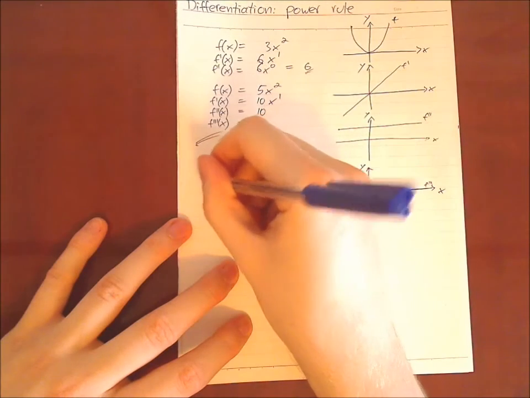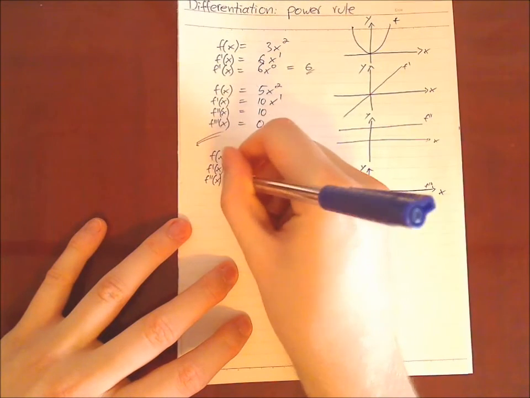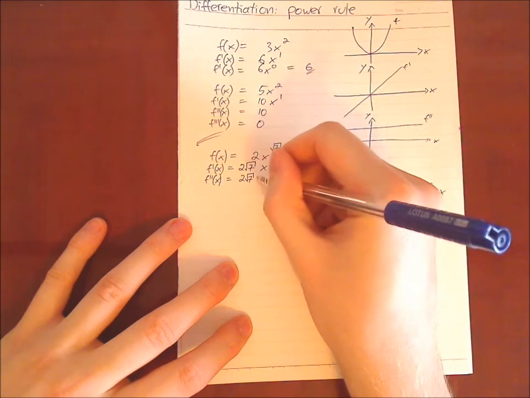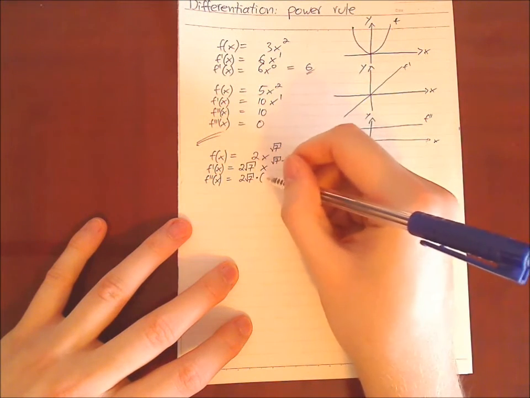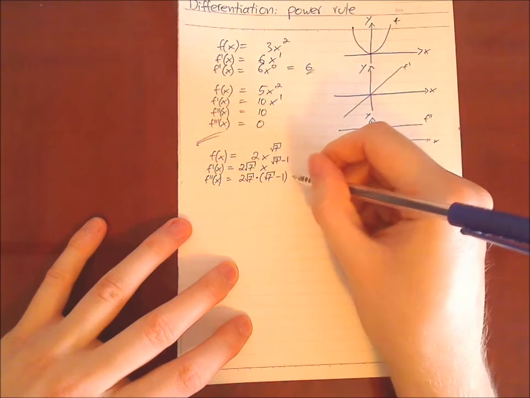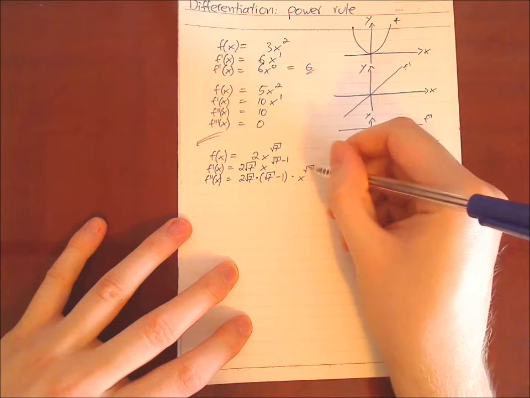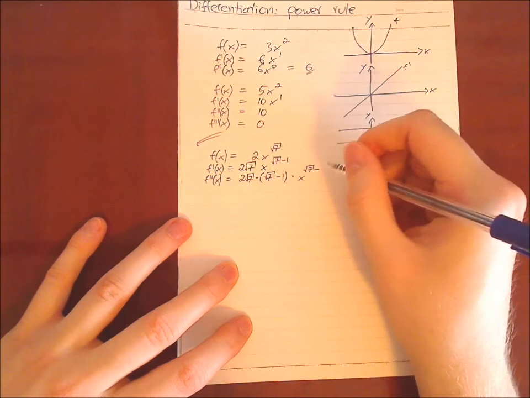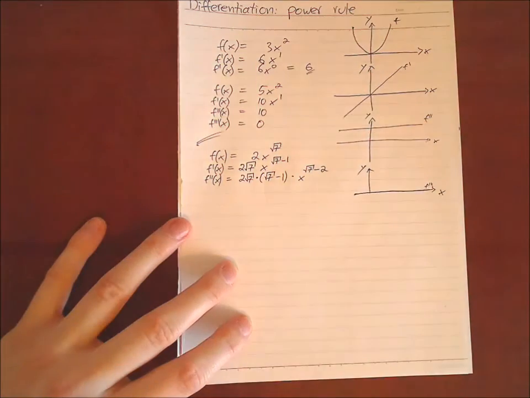Then we can differentiate again. As I just said, we leave the coefficient, we multiply it with the power, which is the square root of 7 minus 1, then x, and we subtract 1 again. 1 minus 1, minus 1 is minus 2.